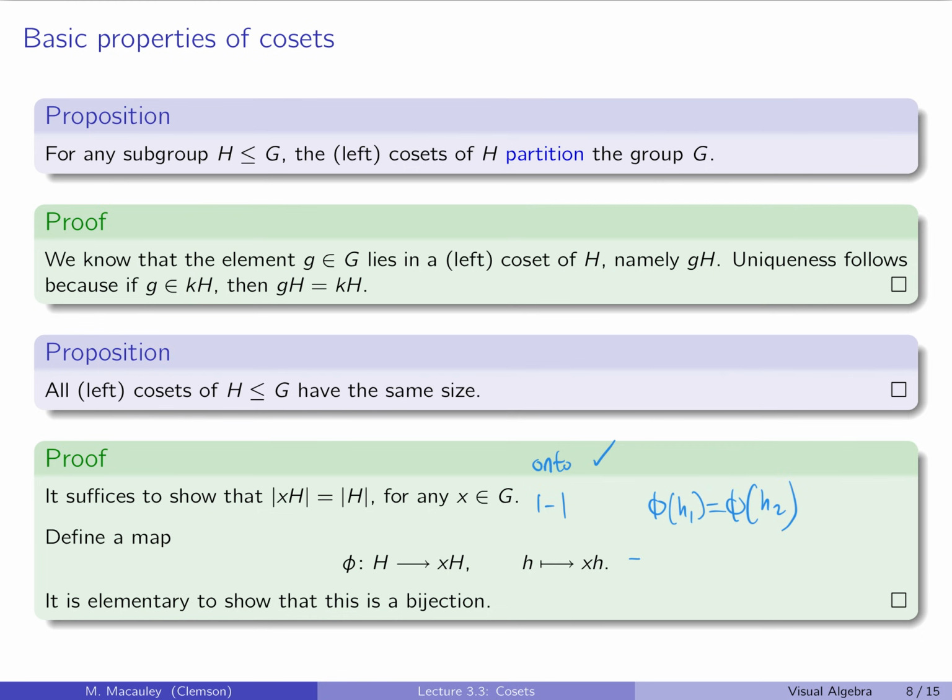What does that mean? That means that xh1 equals xh2. Well, let's multiply both sides by x inverse on the left. And now we get, h1 is x inverse x h1, which is x inverse x h2, which is h2.